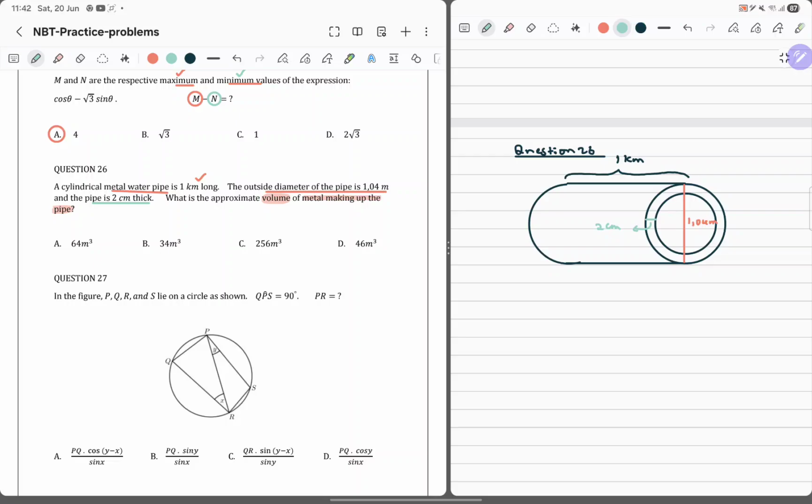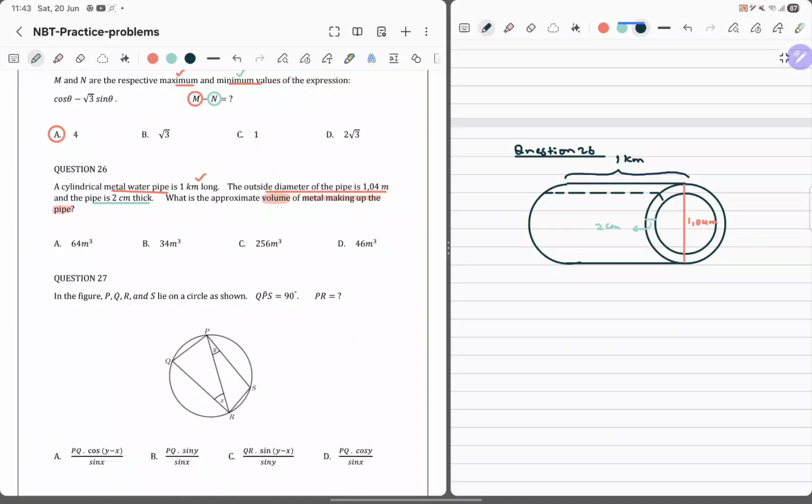Okay, so this is essentially what we are told. Now our job is to find out the volume of the material that made up this metal. So obviously if we cut this metal straight through, let's say we just cut it here and open it up, we section it here, cut it open.